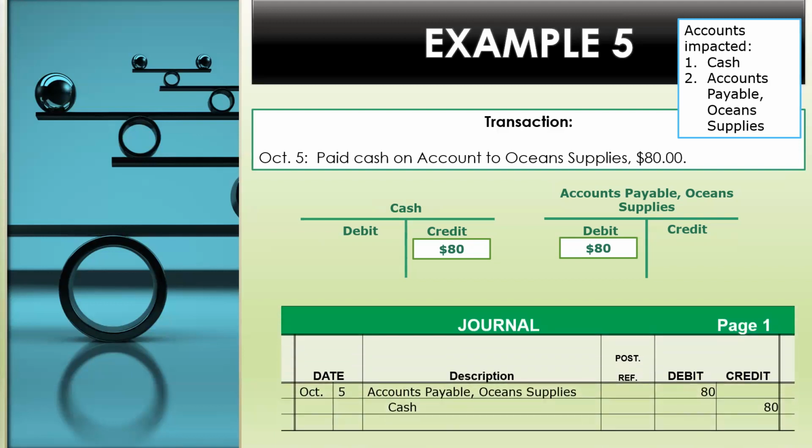In our journal, we have the date of October 5. We have the debit first, and that's accounts payable, Ocean Supplies in the description. Move over to the debit column. $800 is entered. On the next row in the description, we have the cash account, and that's going to be a credit. So under the credit column, we enter 800.